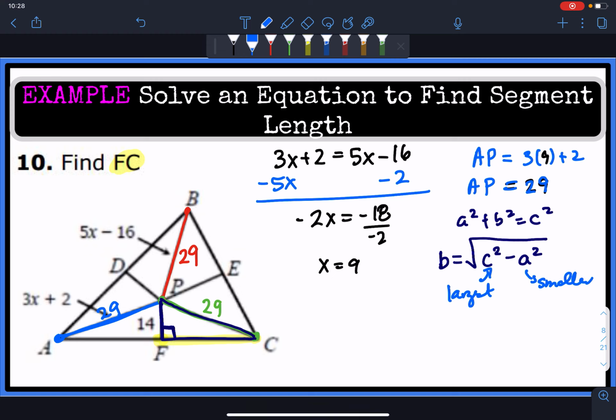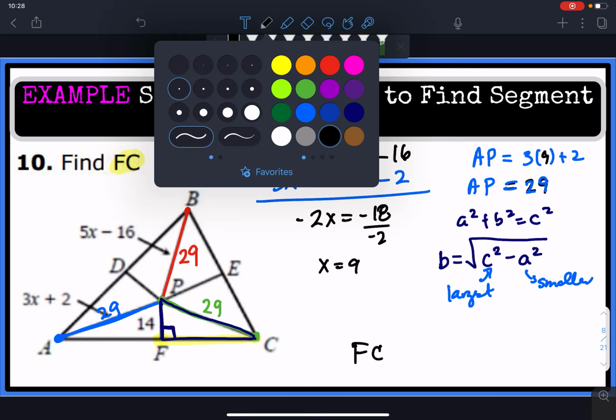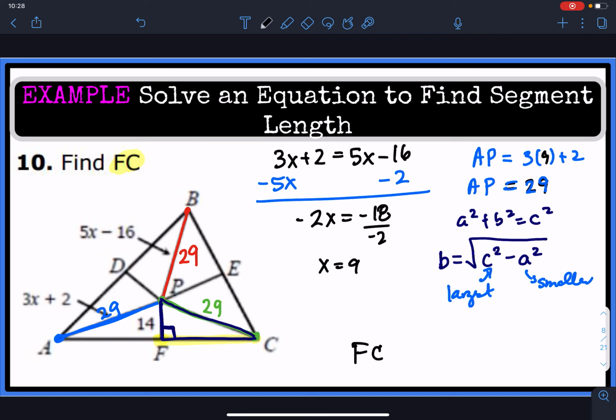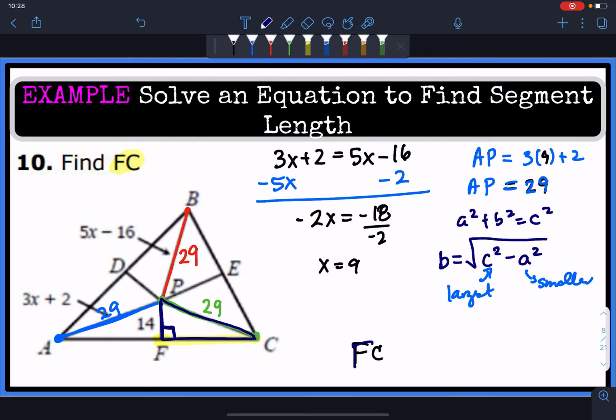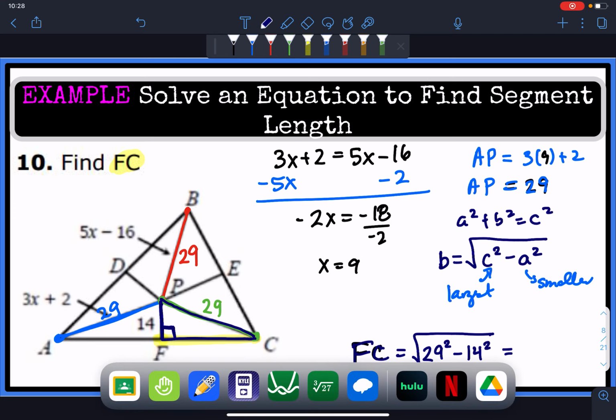So we end up finding out the distance from F to C to be the square root of 29, since 29 is bigger than 14, minus 14 squared. So let's see, let's use our calculator for this.